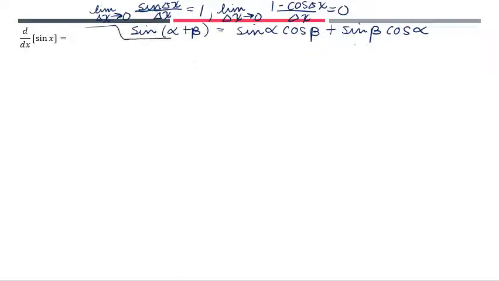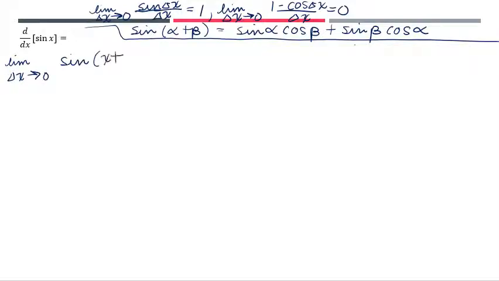All right, now that we have those taken care of, we can find this derivative, and we're going to have to do that using the limit definition. So the derivative of sine x is the limit as delta x approaches 0 of sine of x plus delta x, minus sine x, all over delta x.